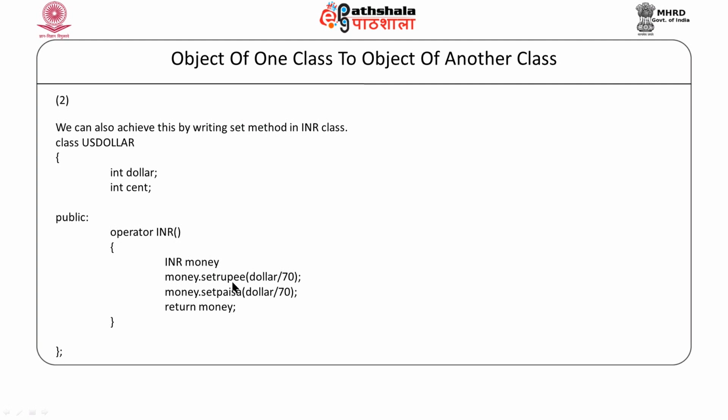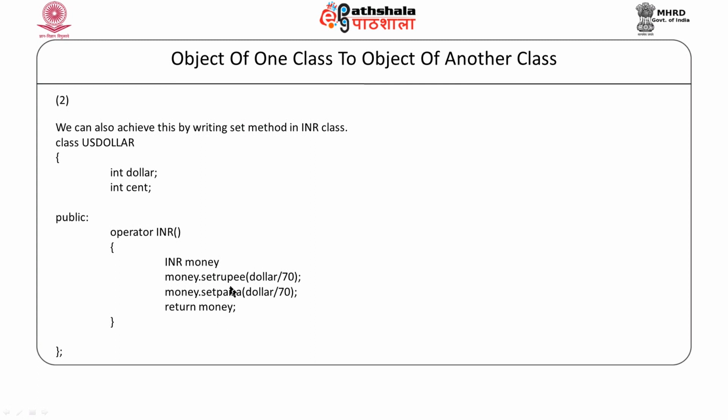This function will assign this value to the rupee member of the INR object, and here we can call the function set paisa and pass this particular value. This function will assign this value to the paisa data member of the INR object.